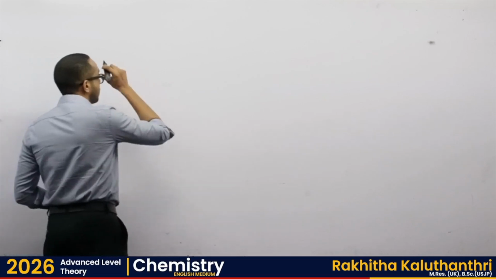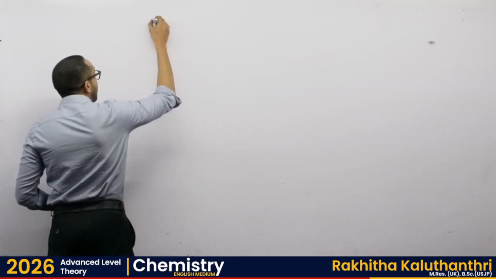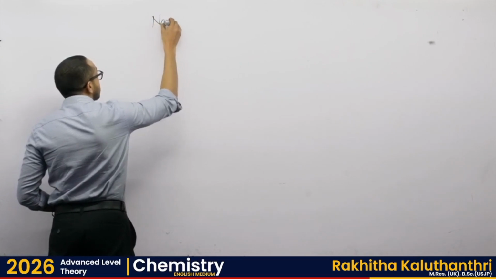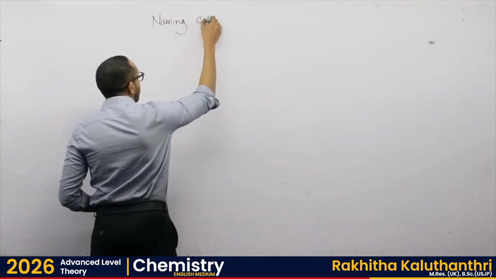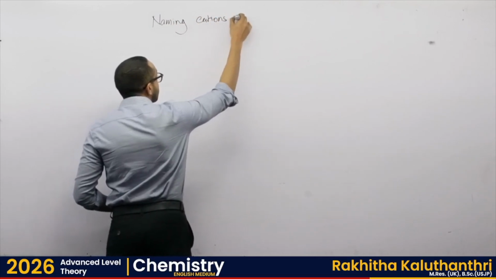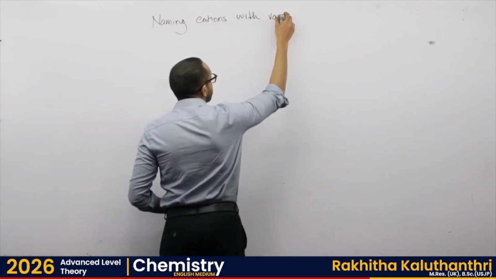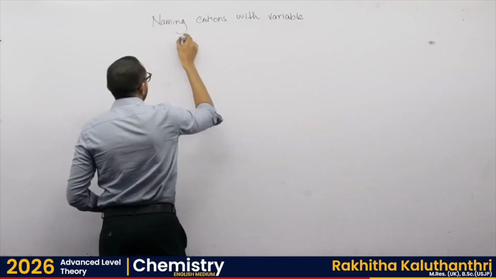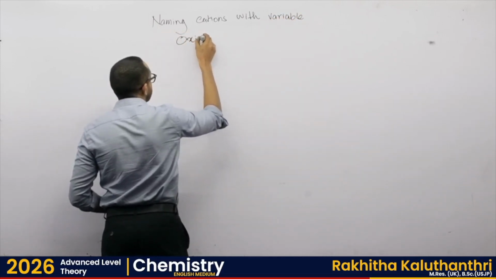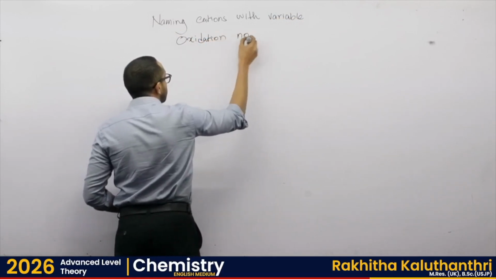So what we are talking about now is naming cations with variable oxidation numbers.